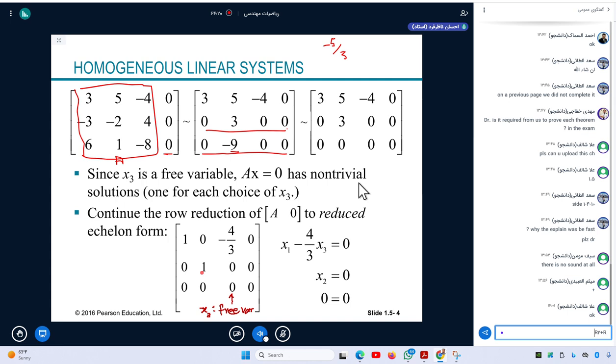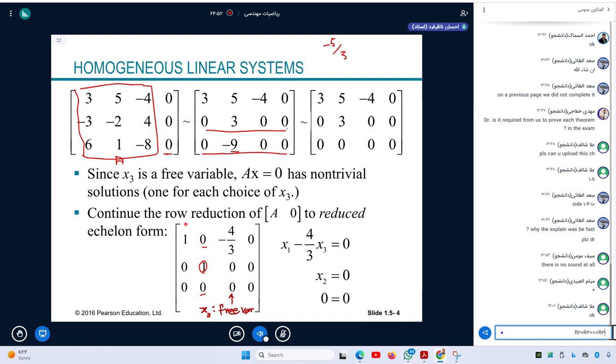Okay, this is very easy. So this is 1, these two are 0, and the rest are 0. And for the first row, because this was 3 and minus 4, if you divide all of this row by 3, this becomes 1, and this is minus 4 by 3. And this is the final result.